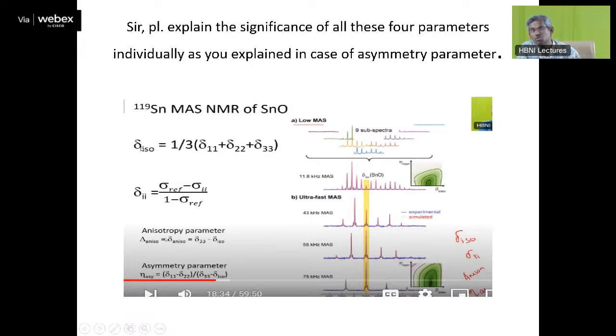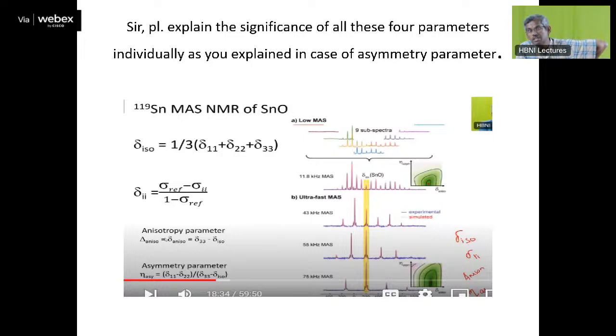What is the iso value? I have explained in the previous class that chemical shift is a second rank tensor. A second rank tensor means we have 3 raised to 2, that is 9 components, which can be represented by a matrix, and one can always diagonalize that matrix.